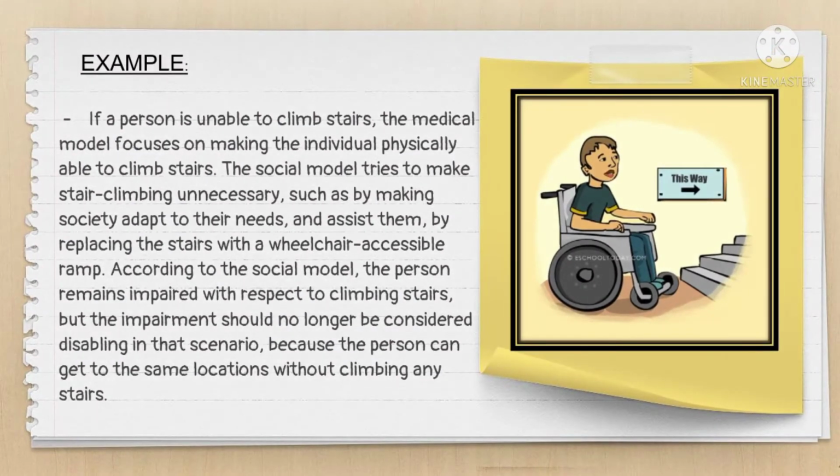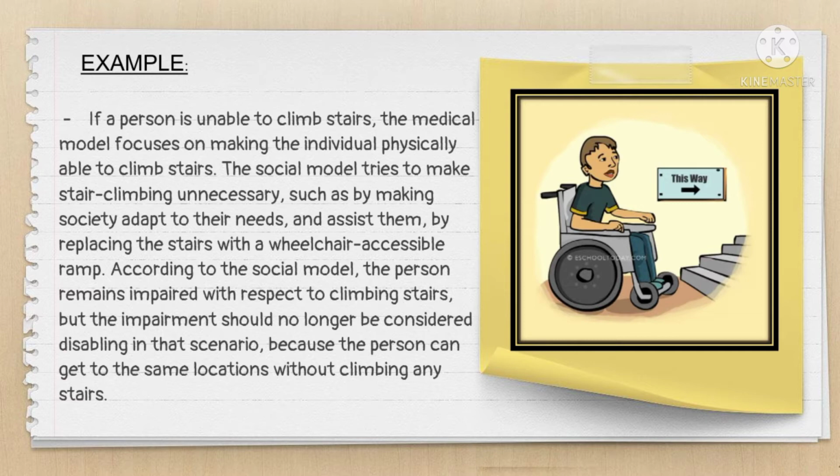So for example, if a person is unable to climb stairs, the medical model focuses on making the individual physically able to climb stairs. The social model tries to make stair climbing unnecessary, such as by making society adapt to their needs and assist them by replacing the stairs with a wheelchair accessible ramp.